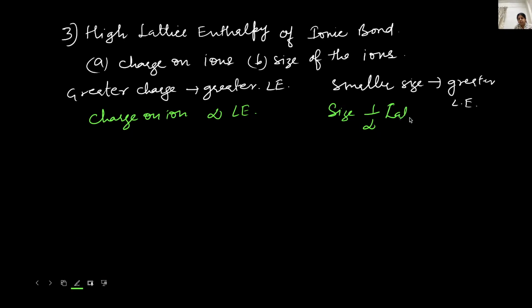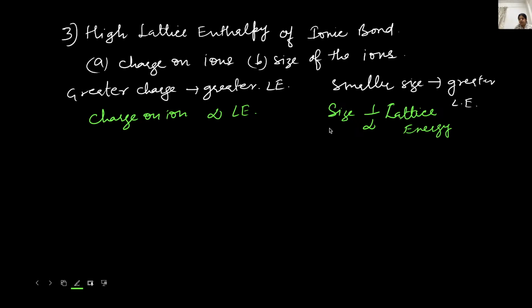Can we say it like this, students? Okay. So how can you explain this with the help of an example? Greater the charge, greater will be the lattice enthalpy, and lattice enthalpy should be released high for the formation of an ionic bond. So can we see here indirectly that for the formation of an ionic bond, the charge on the ion should be high and size must be small?